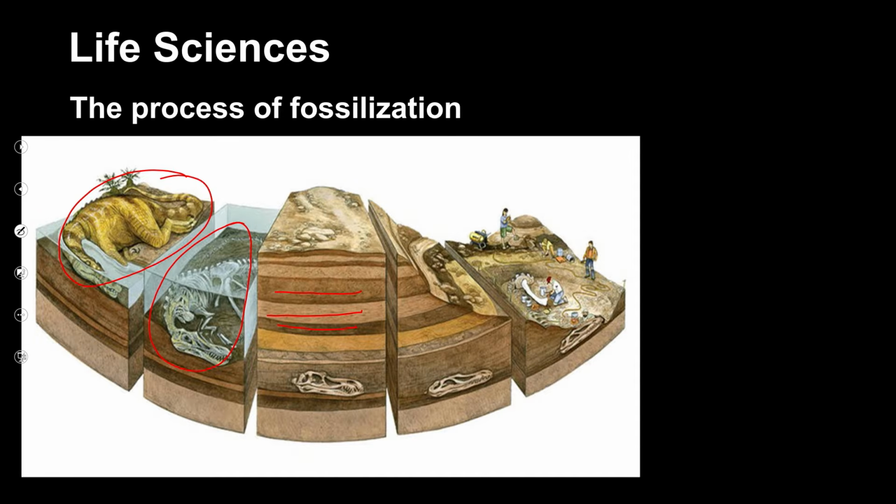As millions of years go by, water percolates through the rock, goes into the skeleton, and the skeleton actually changes to rock. Because of movement of the earth and river action, the layers are removed by erosion, and eventually the fossil is exposed so scientists can have a look at it and try and work out what went on.